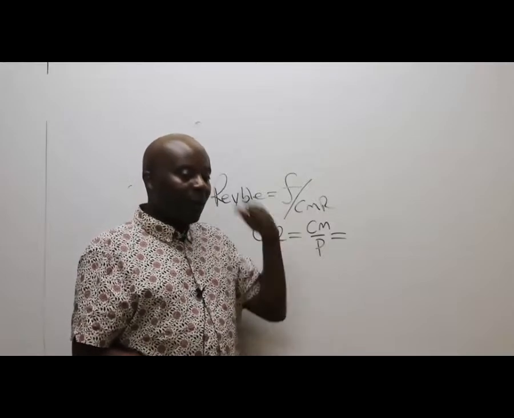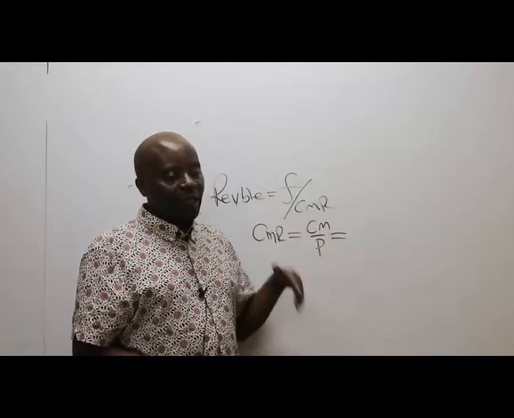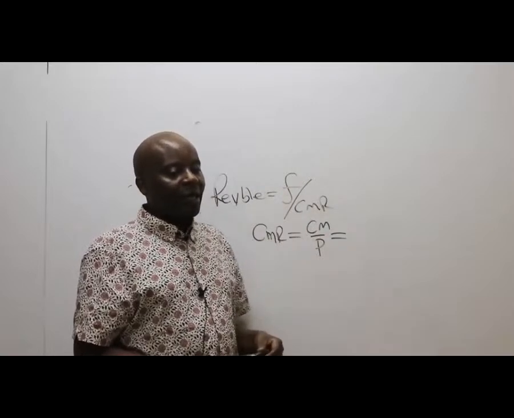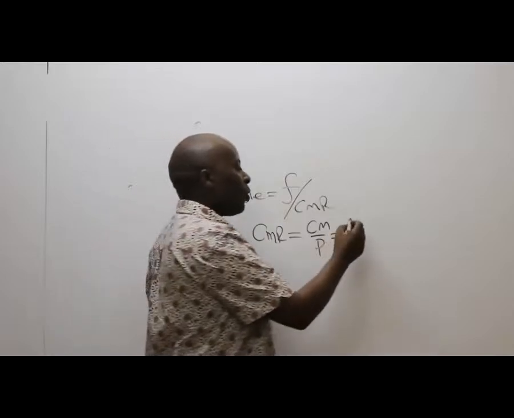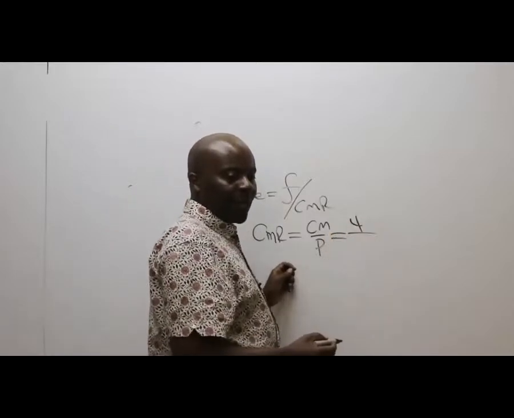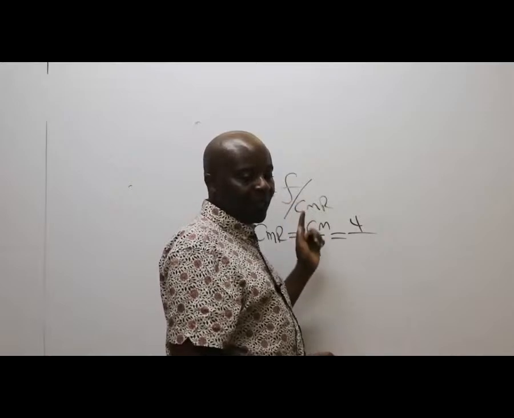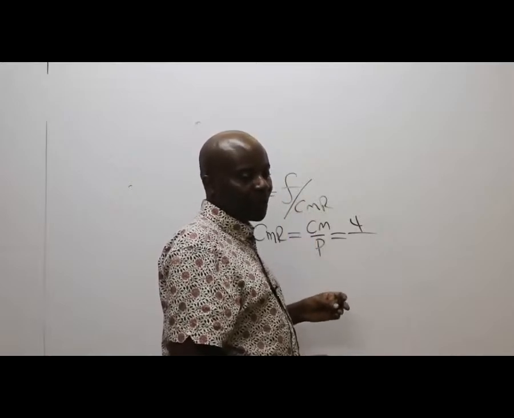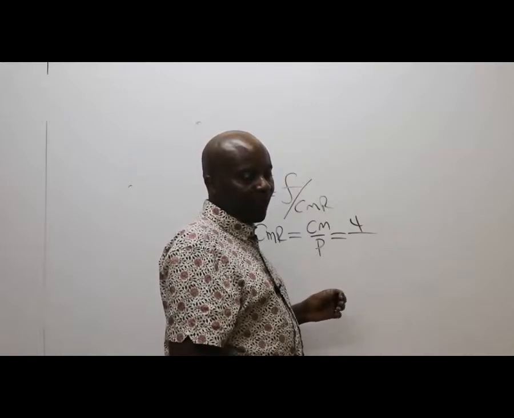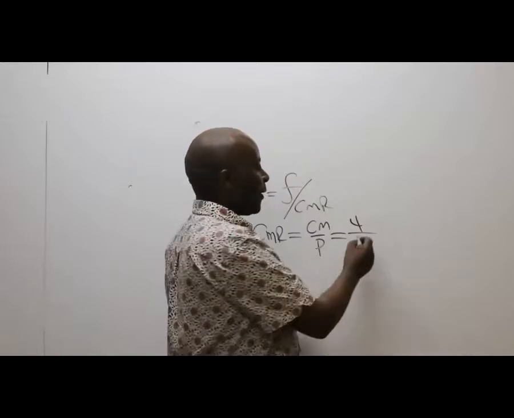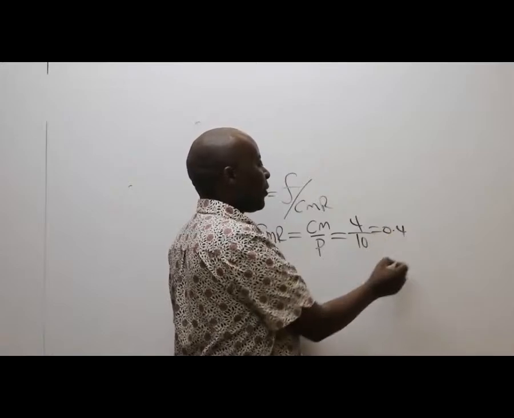We computed it up there. CM was 4. So 4 over the price. Our selling price is 10. So then the CMR becomes 0.4.